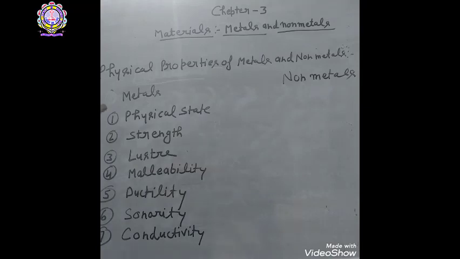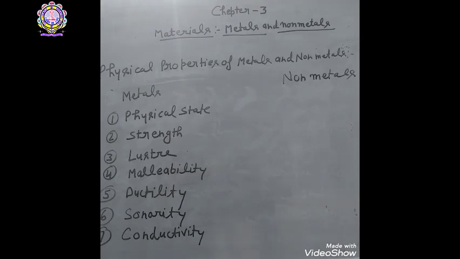The second is strength. Most metals are generally hard and strong. Exceptions are sodium, potassium, aluminium and magnesium, which are soft and can be cut easily with a knife. So these metals are exceptions.